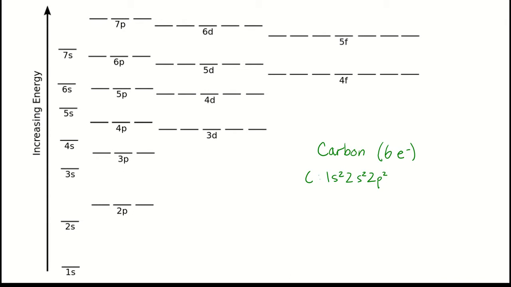To see what's happening inside as far as the orbital diagram goes, it would look like this. 1s2 has 1 up and 1 down, and I'm starting there of course because of the Aufbau principle. 2s has 2 electrons in it, up and down, and now we're going to look at the 2p level. 2p has 2 electrons, but how are they arranged?